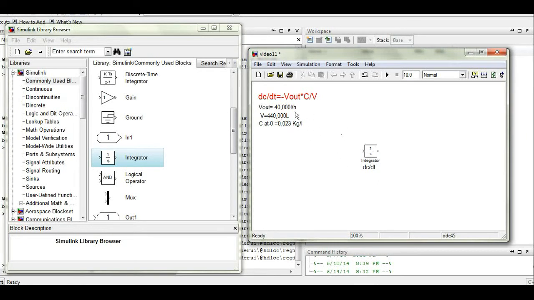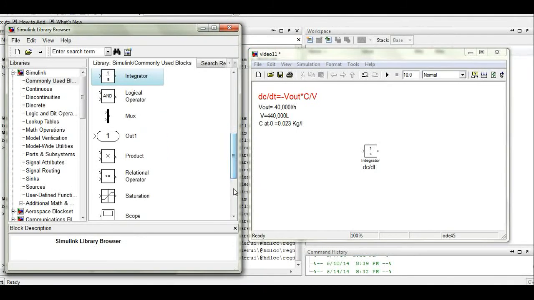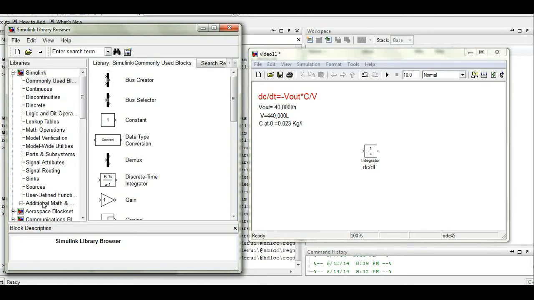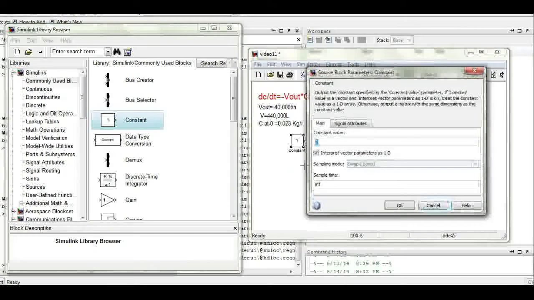So this is our dC by dt. Let us put this equation alone, then we will see what will happen. V out, we have its value, 40,000 liters per hour. We will put it as a constant. Again, you go to Commonly Used. You can search, or you will find many interesting things. Here is the constant. Double click on it and enter the value 40,000 liters per hour.